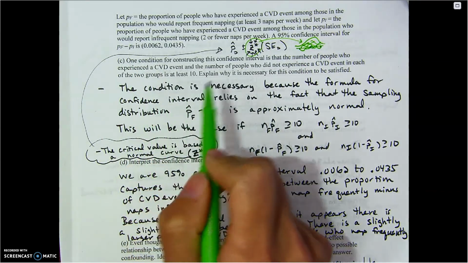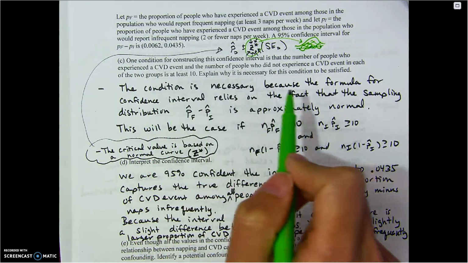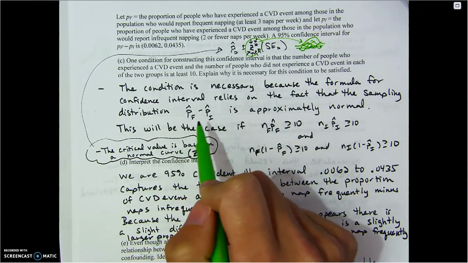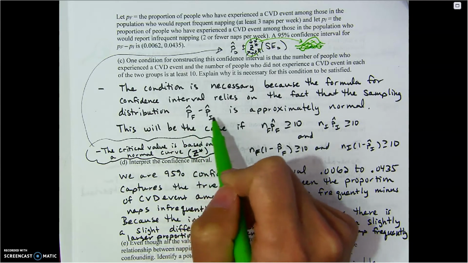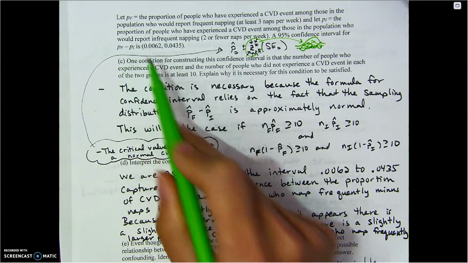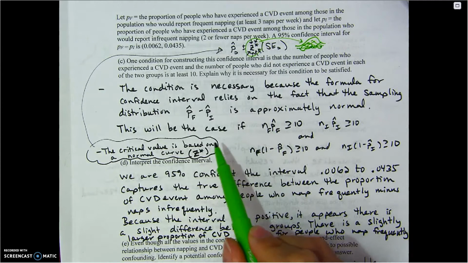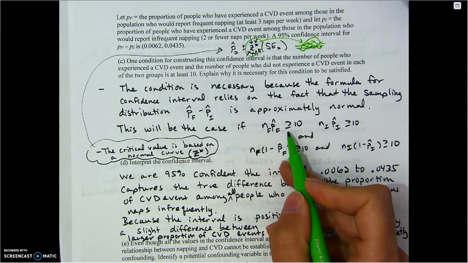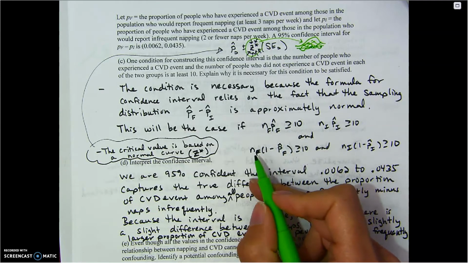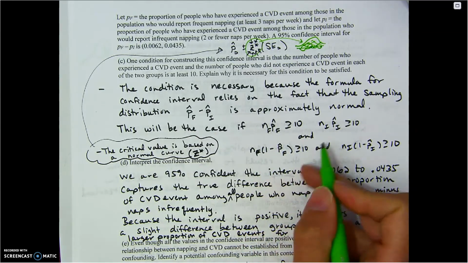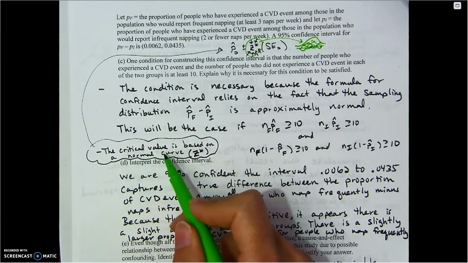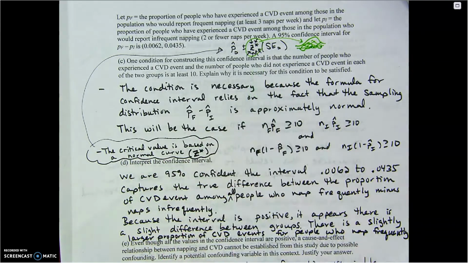This normal condition is necessary because the formula for the confidence interval relies on the fact that the sampling distribution, frequent minus infrequent, is approximately normal. This will be the case if n times p is at least 10, successes, and failures is at least 10 for both. The critical value is based on a normal curve, Z star.